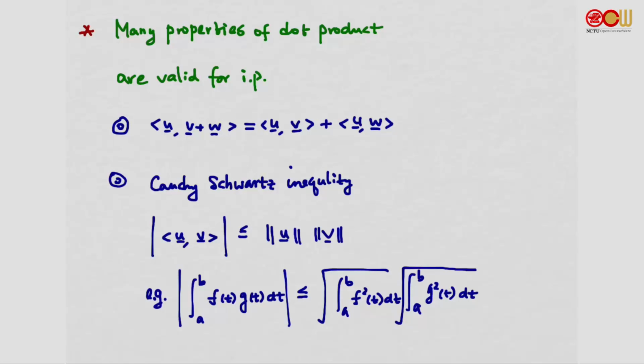Then the inner product of the vectors f and g, the integral of fg from a to b in absolute value, is less than or equal to the norm of f times the norm of g. So this is always valid for continuous functions defined on the closed interval a to b.